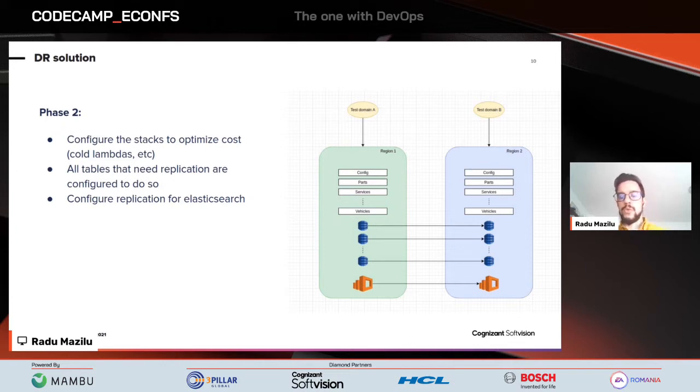And what we wanted to do here is include in the infrastructure as code, we use Terraform, the code so that on the secondary region we don't have anything provisioned that adds costs, and just leave everything for the pay-as-you-go option. We configured all the tables that needed to be replicated, and we also configured replication for Elasticsearch.